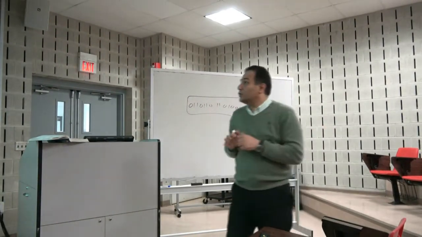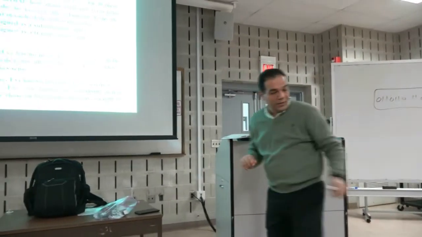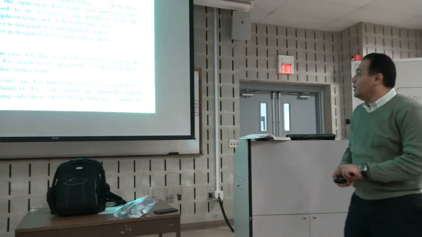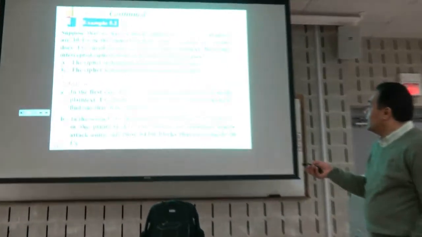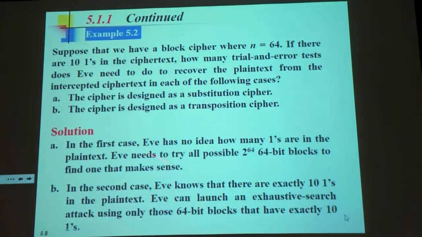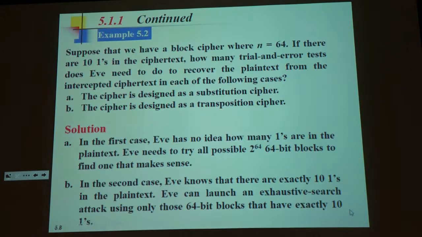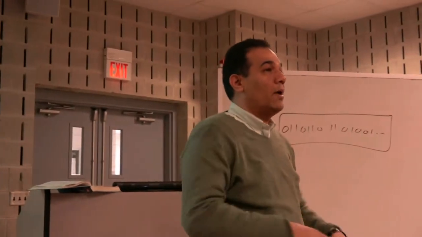All right. So if you are using a substitution box, in the first case, Eve has no idea how many ones are in the plaintext. Eve needs to try all the possibilities, because in a substitution box you don't know how many ones the plaintext has.